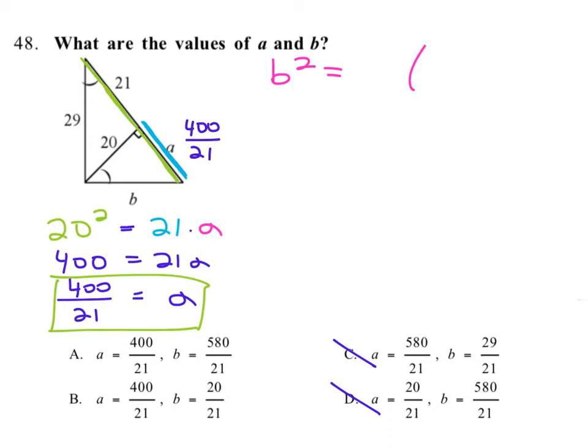Let me write this in blue too. That's 400 over 21. And so we're saying we're going to multiply that length, 400 over 21, times the sum of the two lengths that make up that green segment.